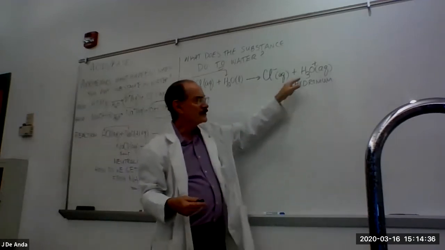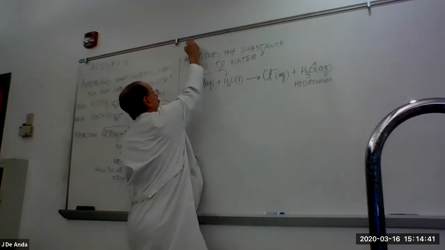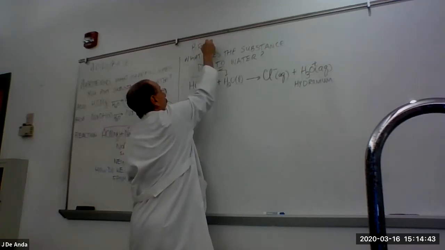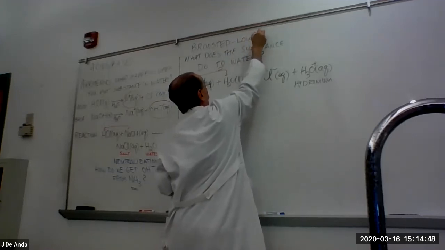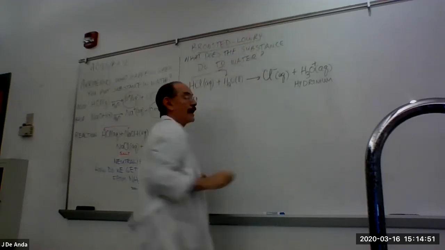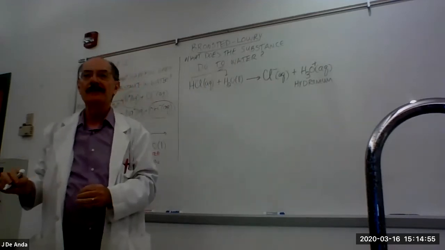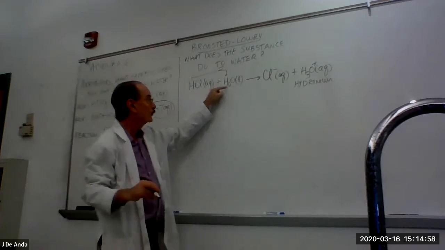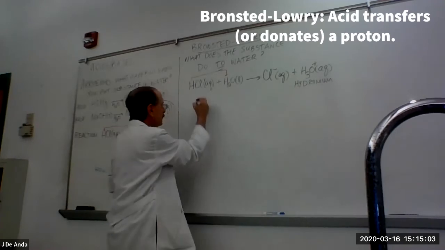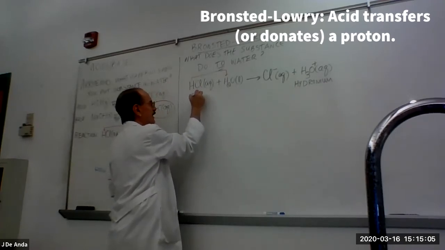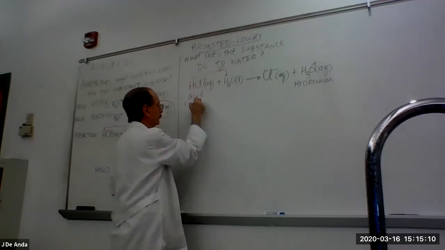Instead, this definition, which was given by Bronsted and Lowry, says that it's not that the acid produces a proton, it's that it transfers a proton to water and generates the hydronium ion. So in this definition, the acid is essentially a proton donor.